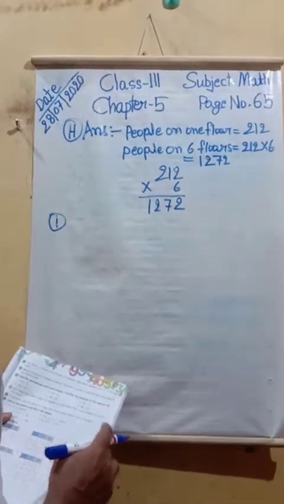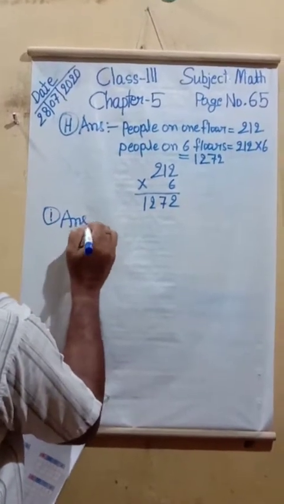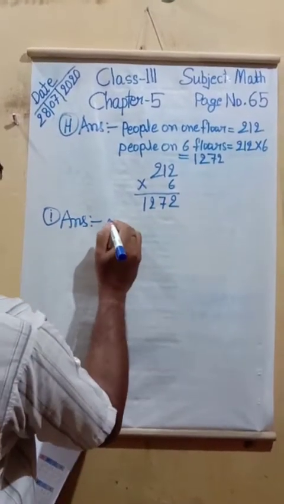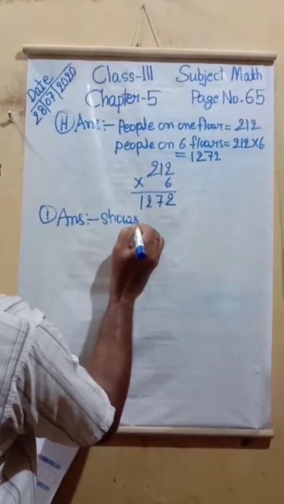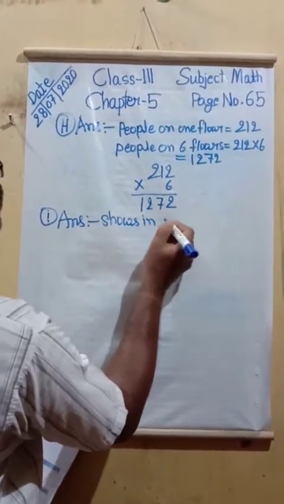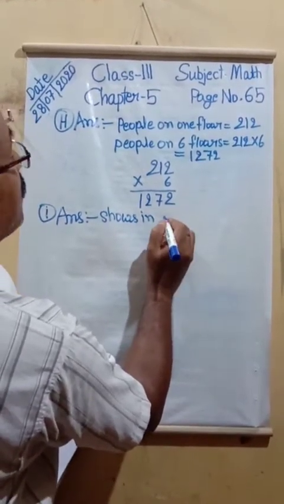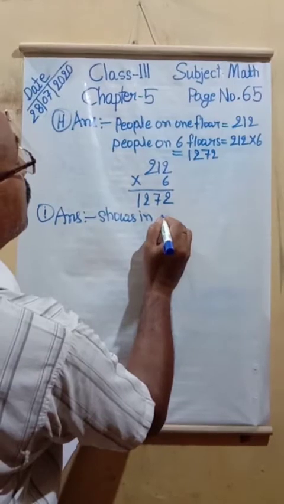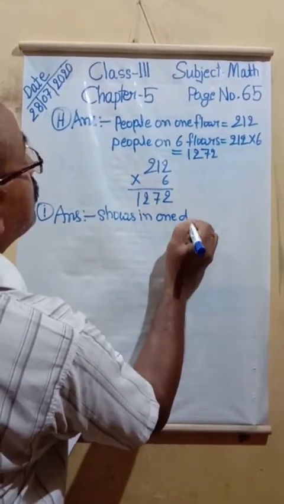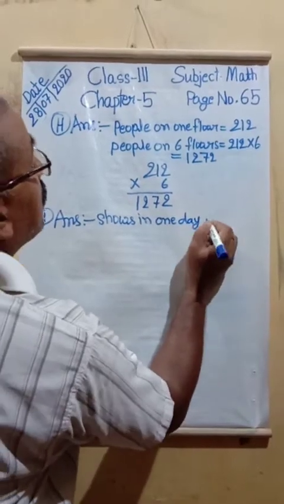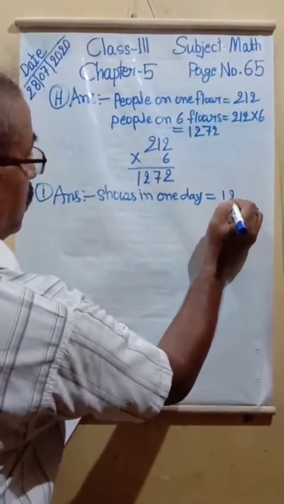In 1 day, shows in, we write here answer. Shows in 1 day equal to 12.